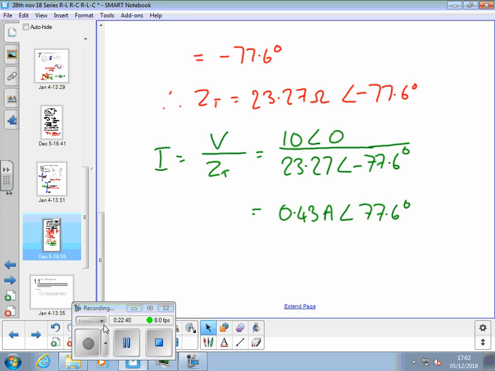We check that with CIVIL. Although we've added an inductor, the circuit is still overall capacitive, and we got a leading current.